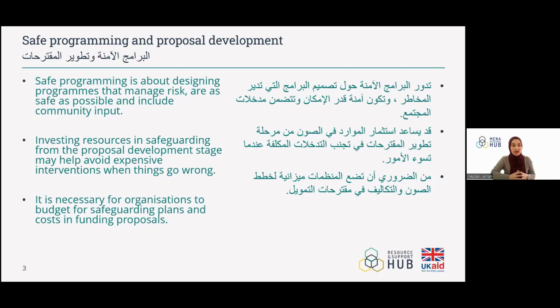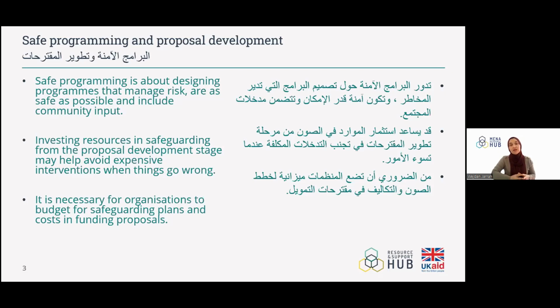That is safeguarding. So anything that prevents harm includes all kinds of harm that has to do with sexual assault, exploitation, and abuse.